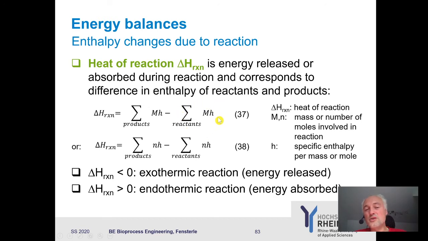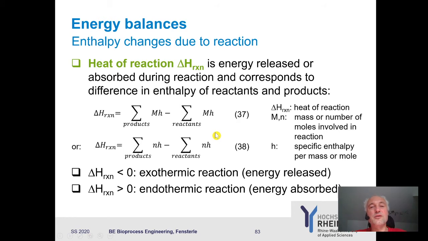In this you have the temperature inside the specific enthalpies, but also the internal energy, so how energy rich your substance is. If you are below 0, you have an exothermic reaction, so energy is being released, and if you're above 0, you have an endothermic reaction.